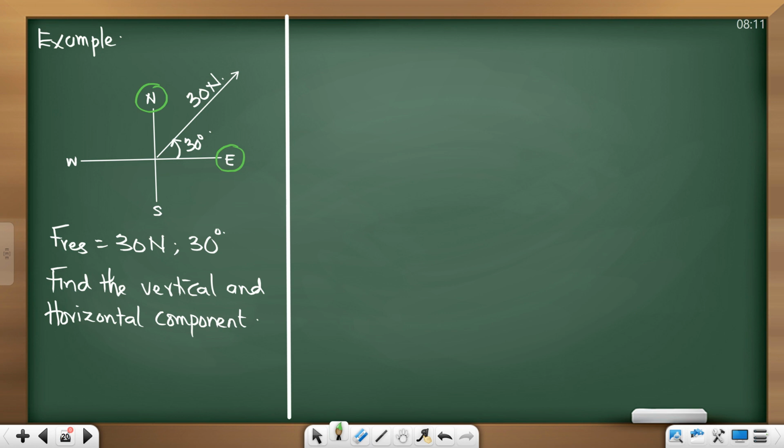You need to first check the position. It lies between the north and the east. You can say it's between the north and east, or you can say it's between up and right.